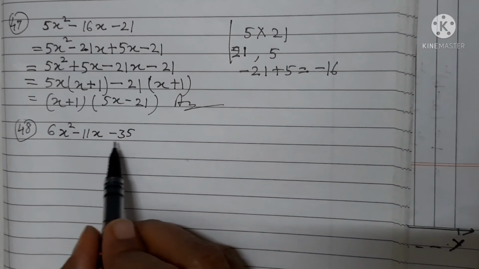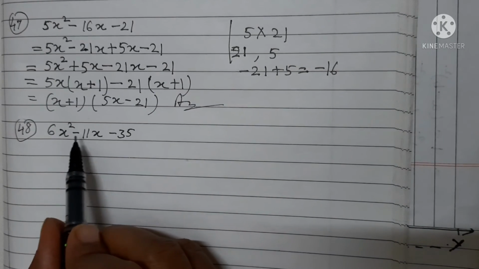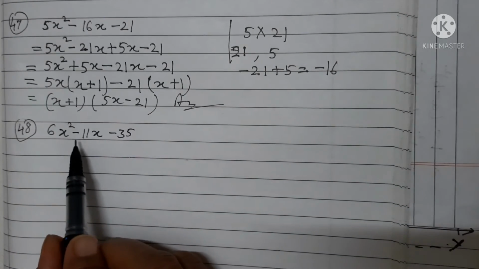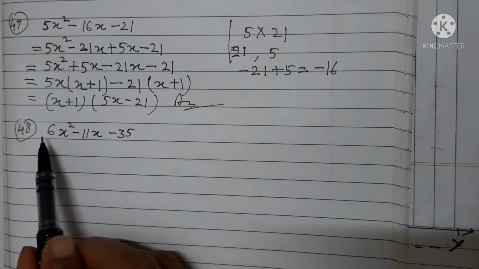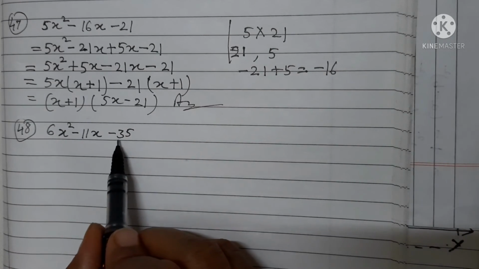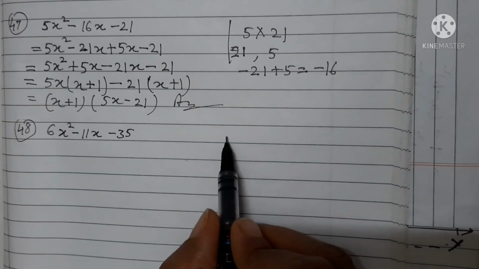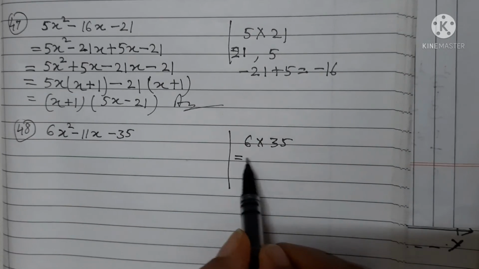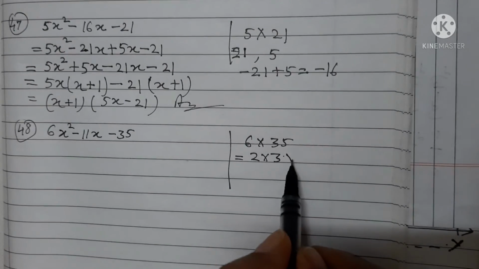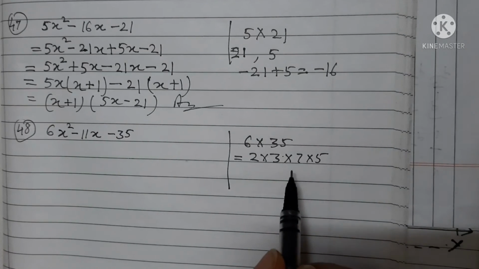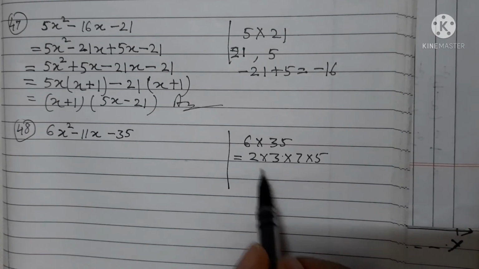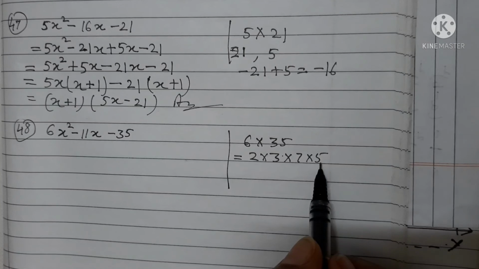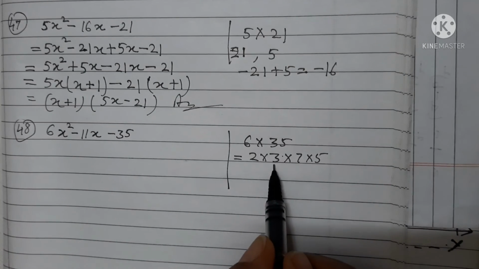6x square minus 11x minus 35. Split the middle term minus 11 into two parts. So the sum will be minus 11 and the product will be 6 into minus 35. So 6 into 35 you can write as 2 3s are 6, 7 5s are 35. Now 5 2s are 10 and 7 3s are 21.